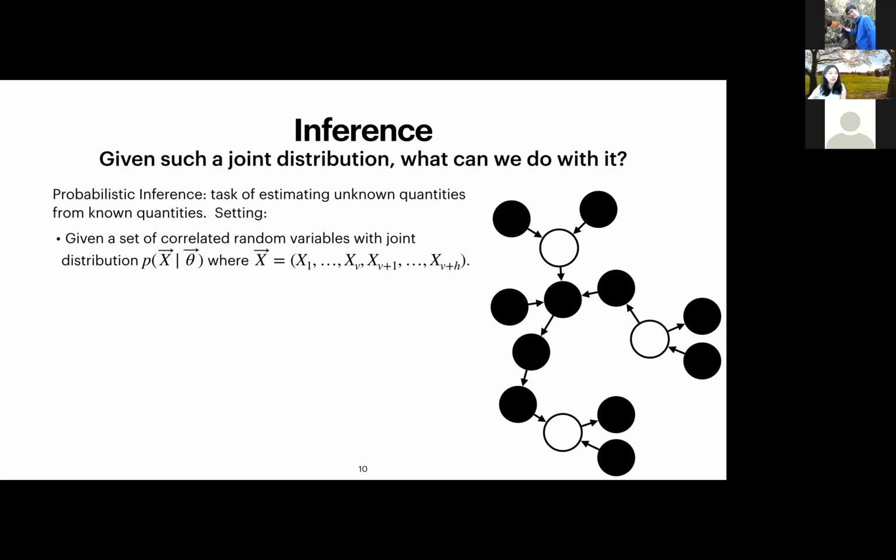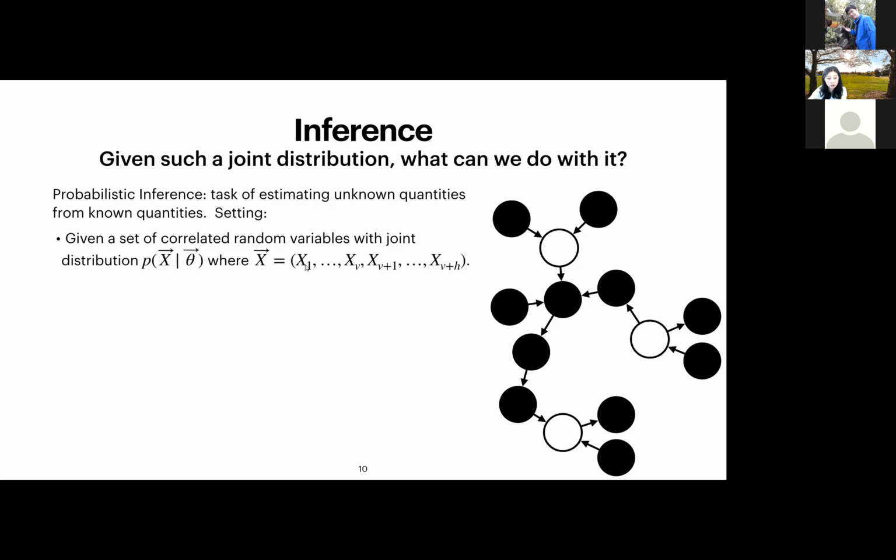Okay, great. All right, so now the question is really, how to estimate unknown quantities from known quantities. Given a set of correlated random variables with a joint distribution, you want to use a theta to characterize the joint distribution. It's going to be some function of theta, okay? I'm deliberately writing it in this way.